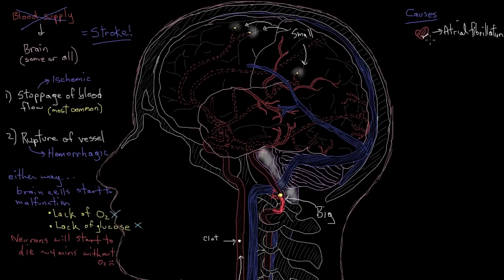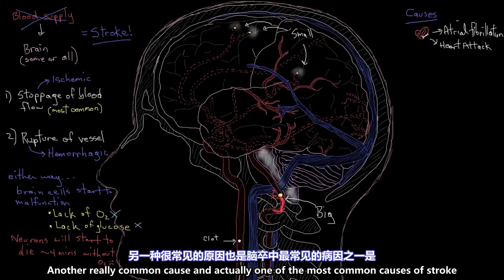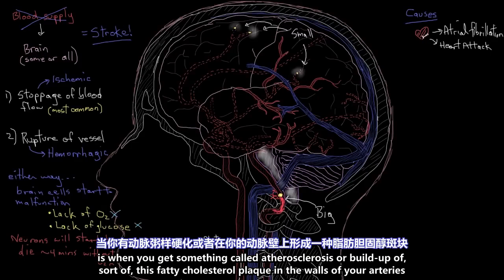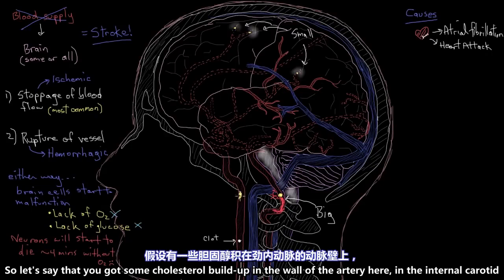Another really common cause, and actually one of the most common causes of stroke, is when you get something called atherosclerosis, or buildup of this fatty cholesterol plaque in the walls of your arteries. So let's say that you got some cholesterol buildup in the wall of the artery here in the internal carotid.